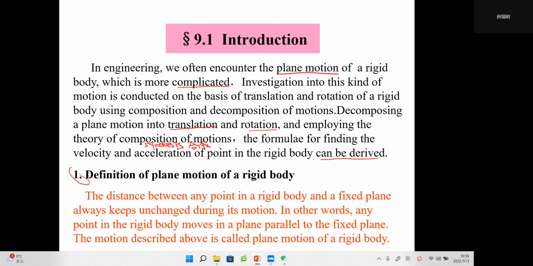The distance between any point in a rigid body and a fixed plane always keeps unchanged during its motion. In other words, any point in the rigid body moves in a plane parallel to the fixed plane. The motion described above is called plane motion of a rigid body.